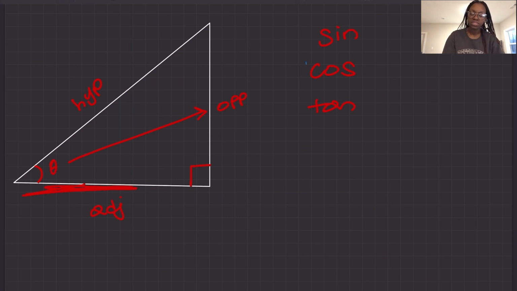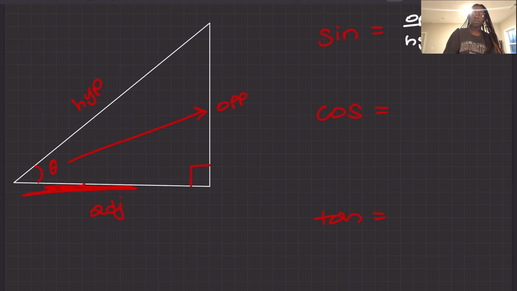The first three trig identities are as follows: sine, cosine, and tangent. Sine is equal to the opposite over the hypotenuse.